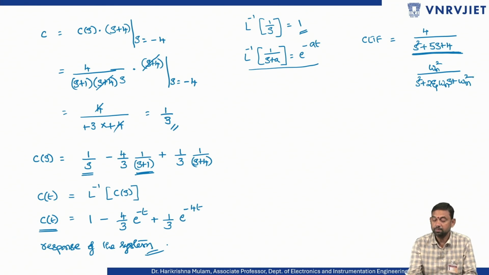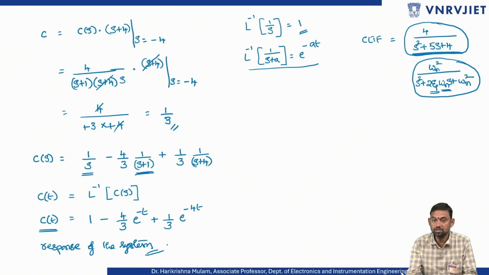I repeat, if you want to find the damping ratio zeta or the undamped natural frequency omega n of the system, compare the standard way of representing the closed loop transfer function of a second order system with the one you come across in the problem.